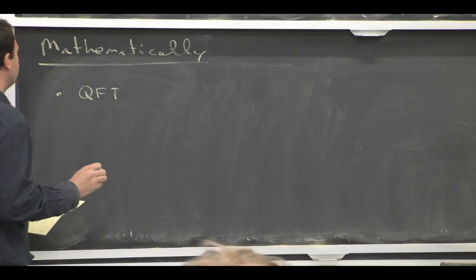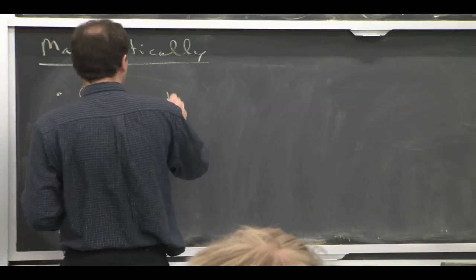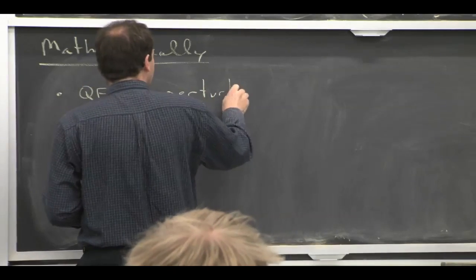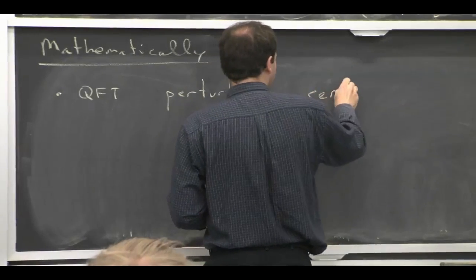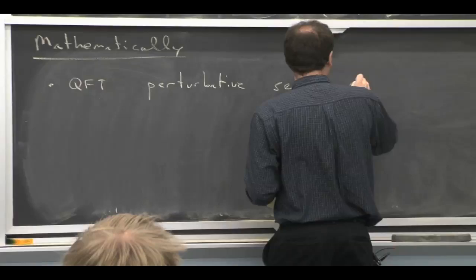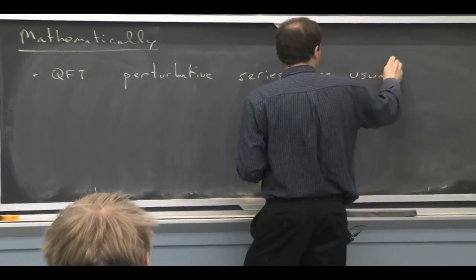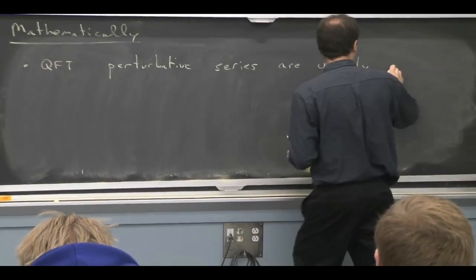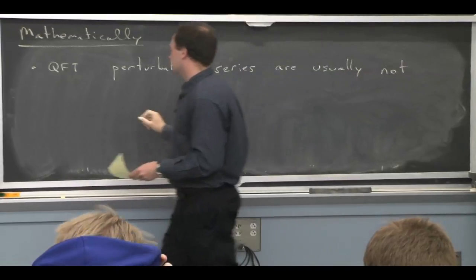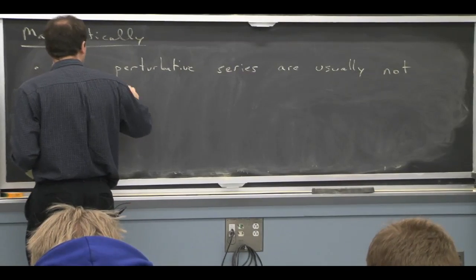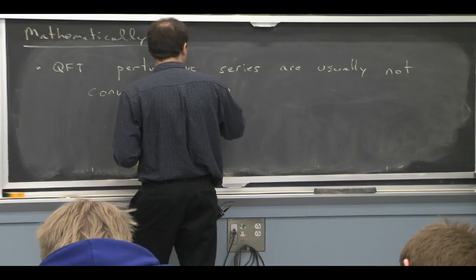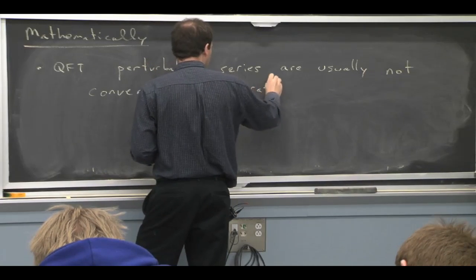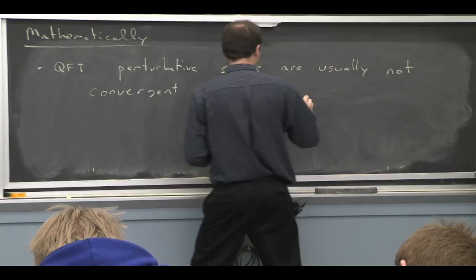So first I have to teach you a few things, if you don't know them already, about the asymptotics of perturbative series in quantum field theory. And these are actually not convergent series. So they are what are called asymptotic series.